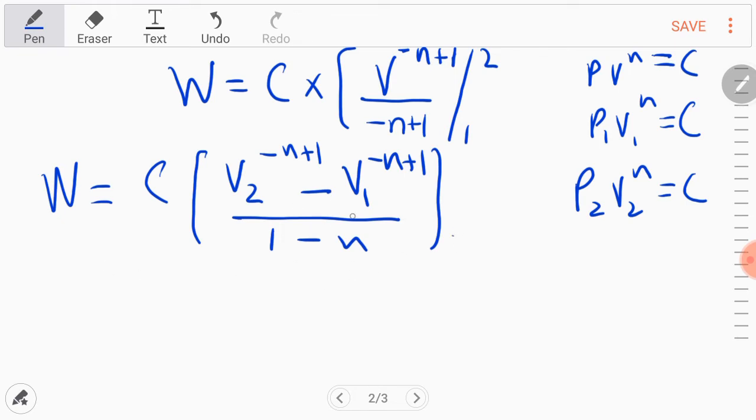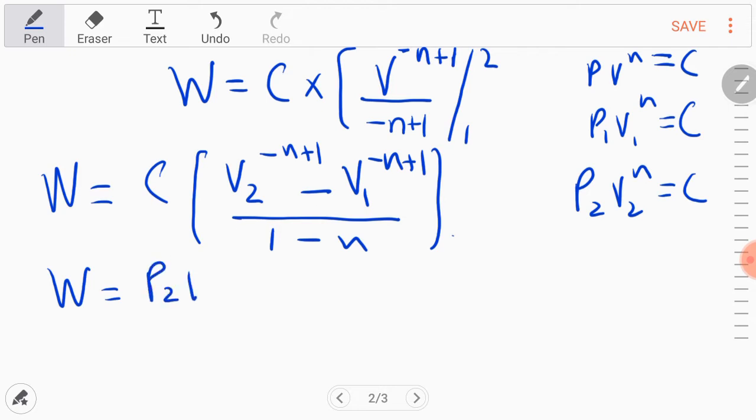So basically we are deriving the equation of work done for a general polytropic process. So I'm keeping these variables and these powers in their initial form until we get the simpler equation. That's why we are multiplying C, P2 V2^n, with the V2.